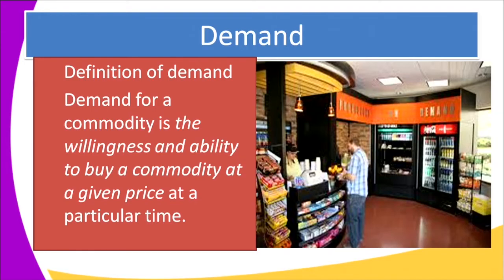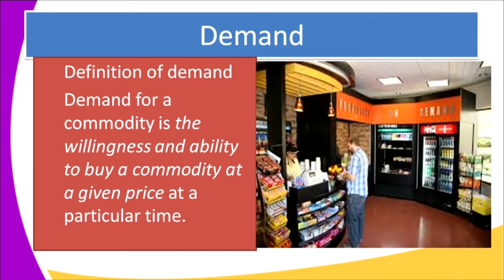Now, the definition of demand is that demand for a commodity is the willingness and the ability to buy a commodity at a given price at a particular time. So you must be willing.